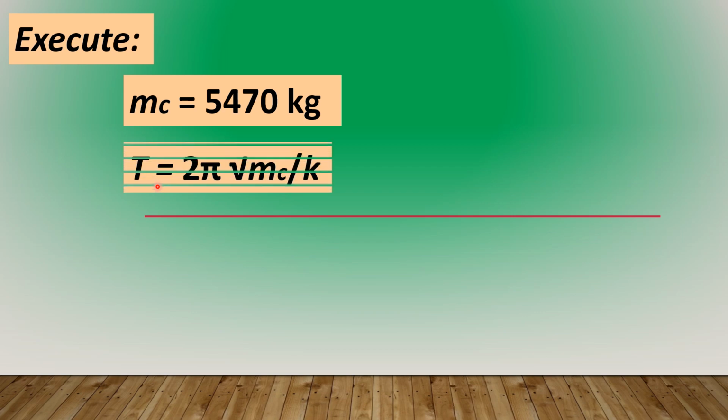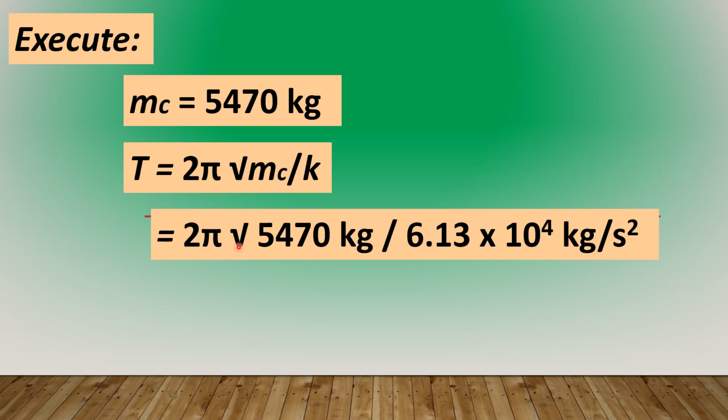Capital T is just equal to 2 pi multiplied by the square root of the mass of the empty car included in the radical sign, divided by the force constant K. So substituting, we get 2 pi times the square root of the mass of the empty car, 5,470 kilogram, divided by the force constant K, 6.13 times 10 to the fourth power kilogram per second squared.